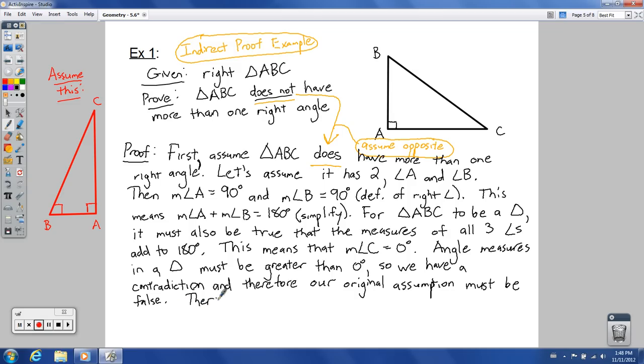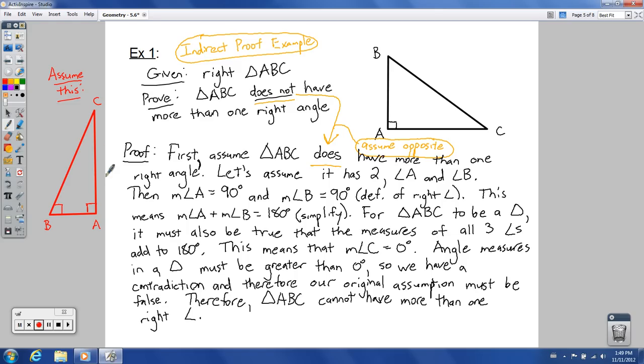Therefore, triangle ABC cannot have more than one right angle. Okay, so this cannot be true.